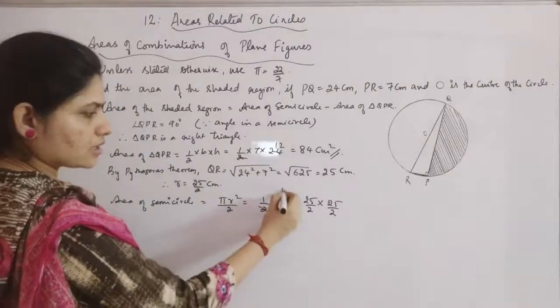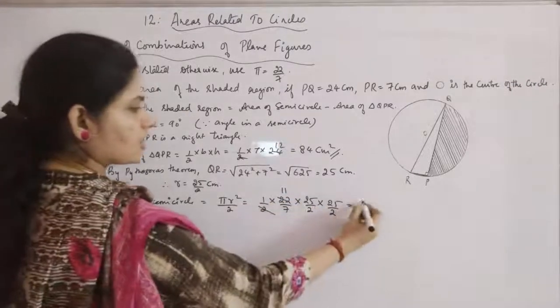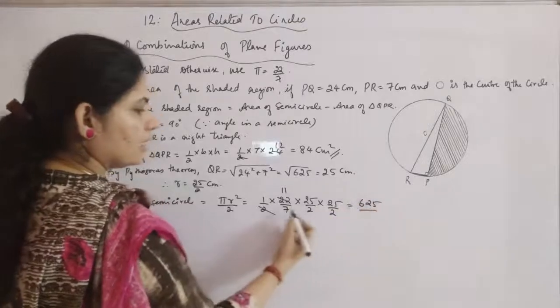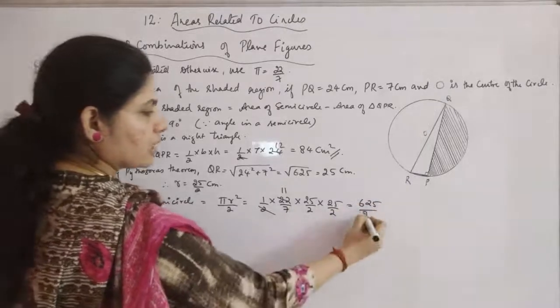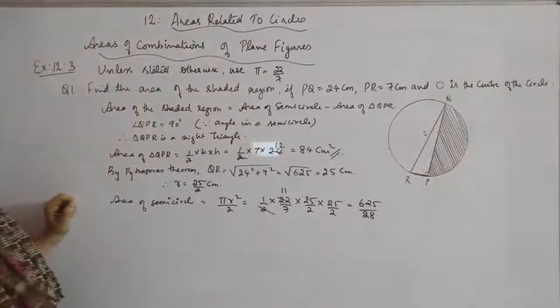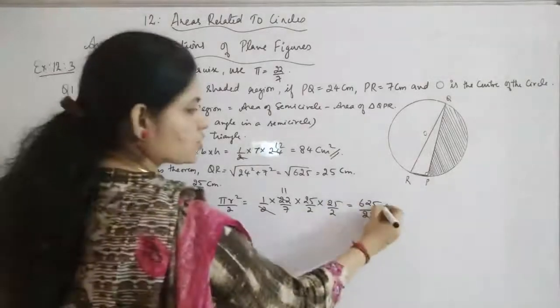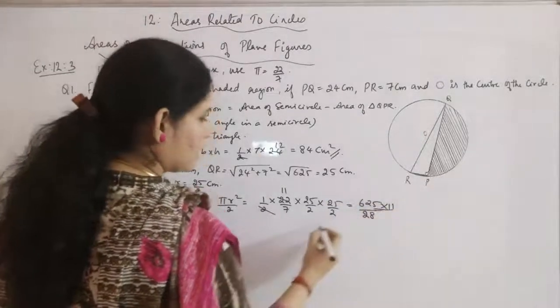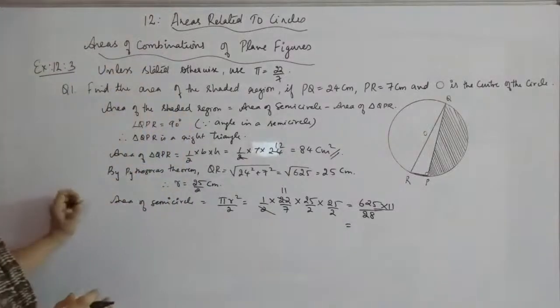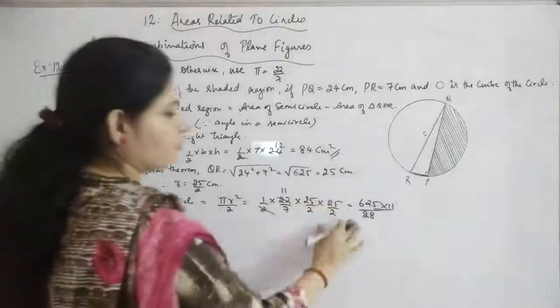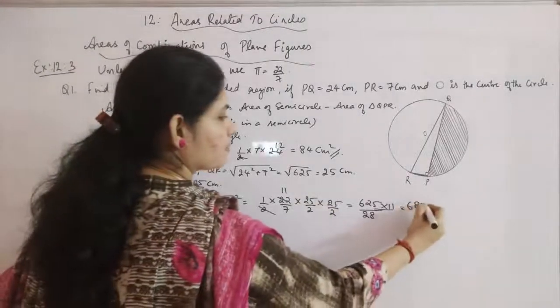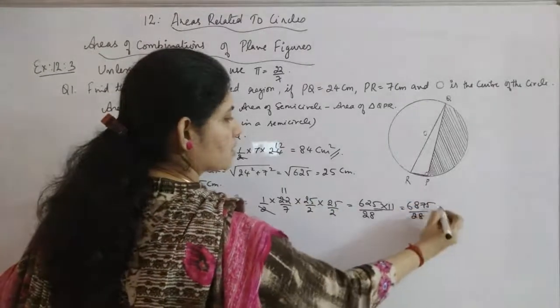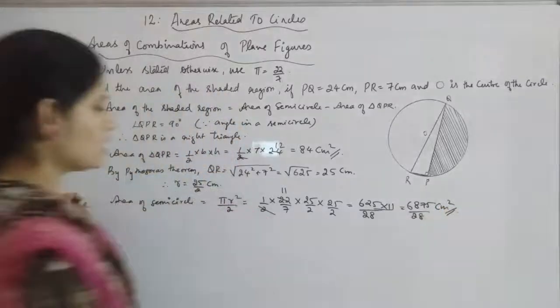So that you can cancel, you are getting 11 and you are getting 625 by 7 into 4, 28. Right? 625 into 11 by 28. Now the value will be 6875 in the numerator and 28 in the denominator. So this much is your area of the semicircle.